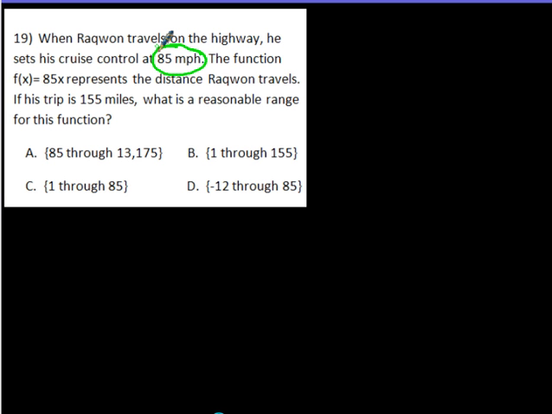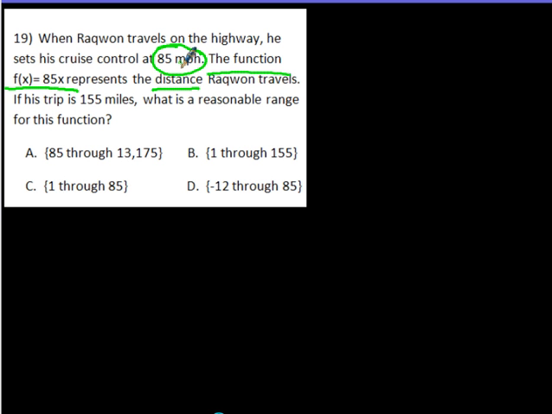Well, not really. The function f of x equals 85x represents the distance that Raekwon travels in X hours. We know it's hours because his rate was miles per hour. Okay, so what is a reasonable range of this function?